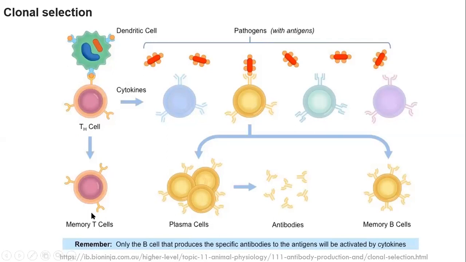It goes one way to become memory cells. In another way, it produces cytokines. Again, remember here, the cytokines are specific to the antibody. In the body, there will be an existing pool of antibodies, let's say 4 here, it may be 40,000, or 4 million may be present in the body.